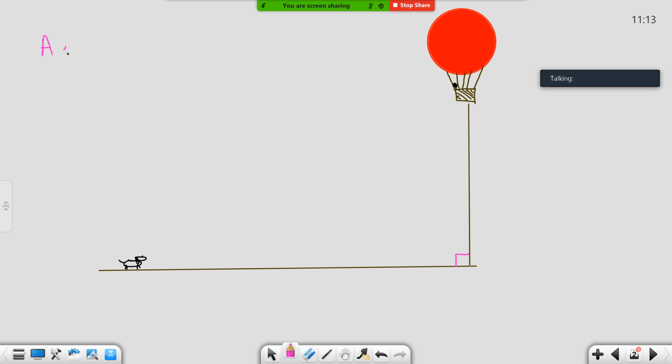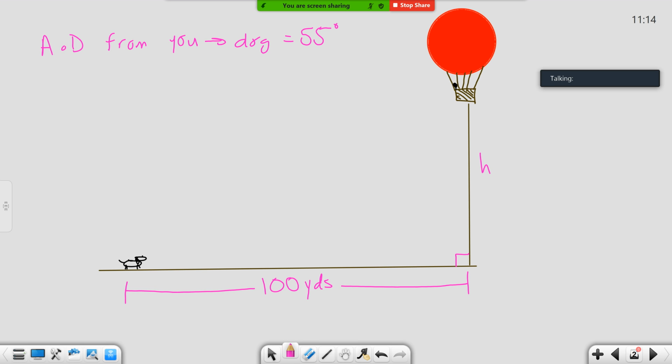So, AOD from you to the dog equals 55 degrees. We also know, for some strange reason, that the dog is standing 100 yards away from this point below the balloon. How high are you in the balloon? Everybody understand the problem? Yes?